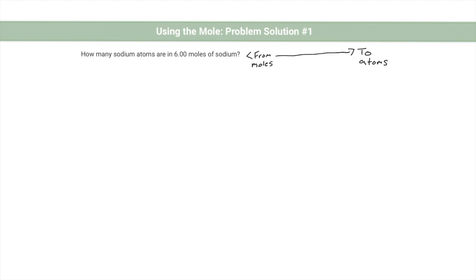In this case, it's between moles and atoms, so that means we're going to be using Avogadro's number, where 1 mole, in this case of sodium, equals 6.022 times 10 to the 23rd sodium atoms.